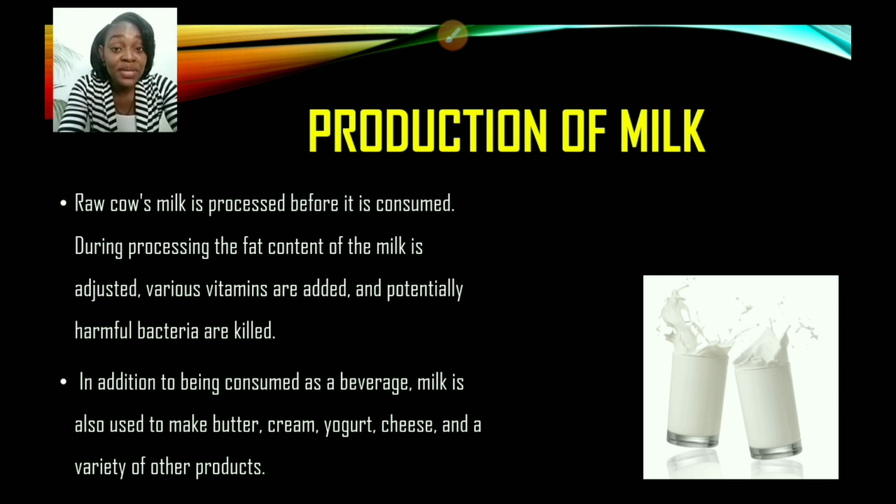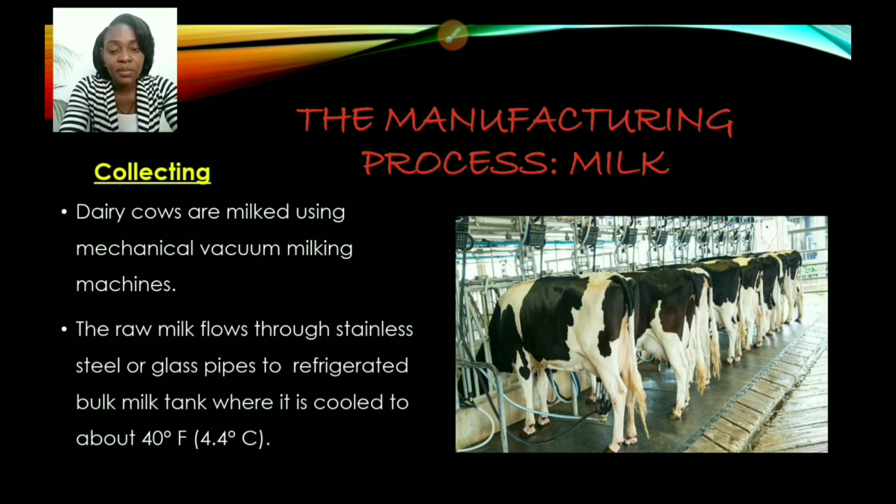Good. So the milk is heated to kill harmful bacteria. In addition to being consumed as a beverage, milk is also used to make butter, cream, yogurt, cheese, and a variety of other products. Awesome. Now, let us look in detail at the manufacturing process.